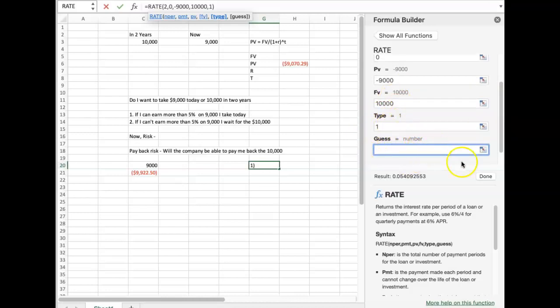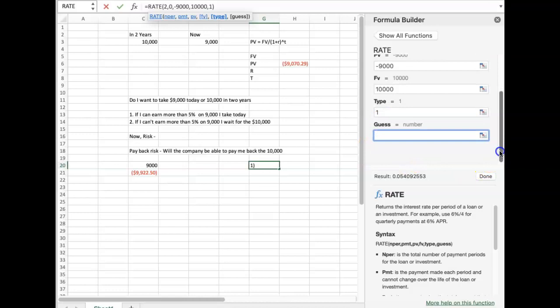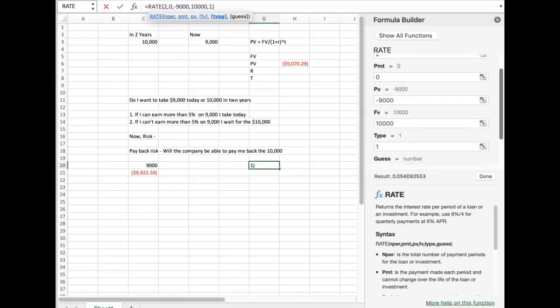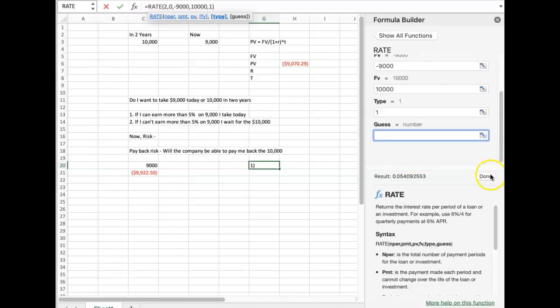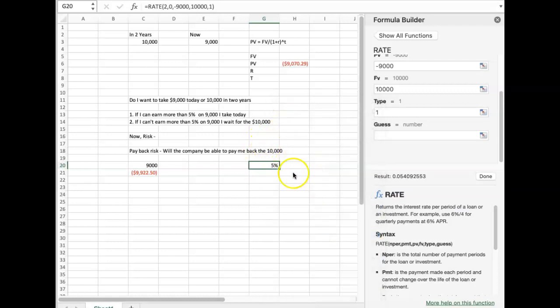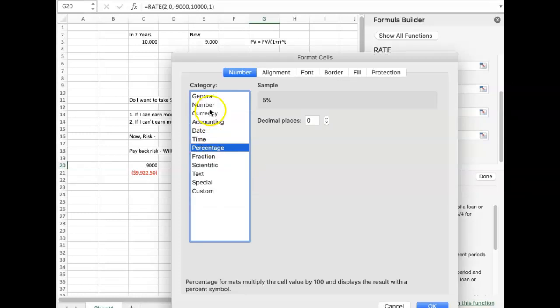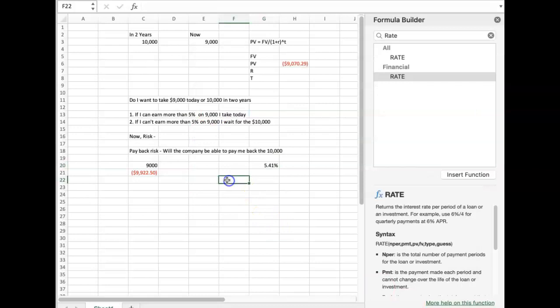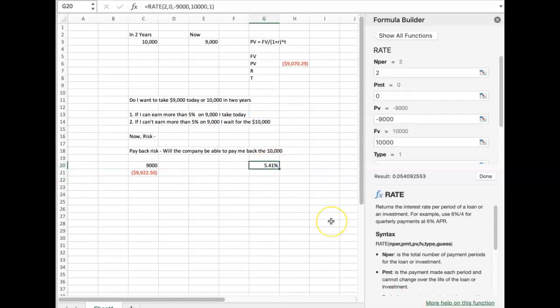I'm going to omit the guess; I don't know why they added that in here. I'll extend this out to 2 decimal places, and we find out the correct rate of return is 5.41%.